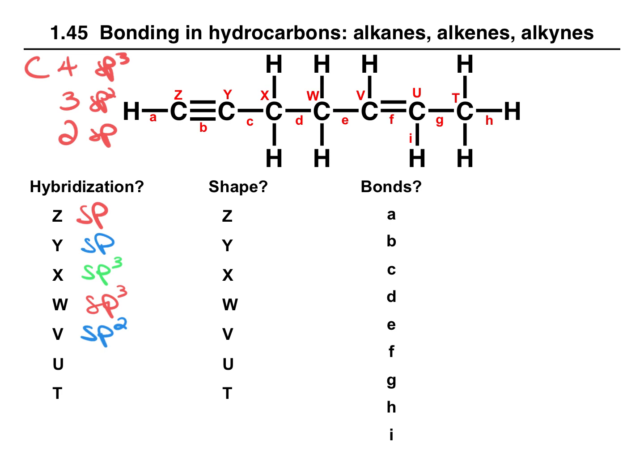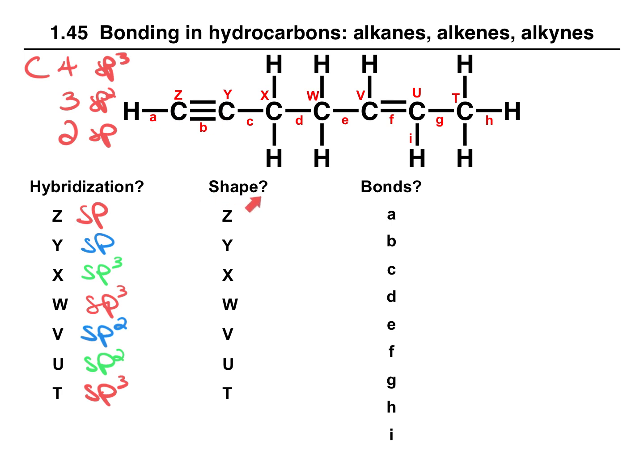The atom labeled U is connected to 1, 2, 3 groups, so that must be sp2 hybridized. And finally, T is connected to 1, 2, 3, 4 groups, so this must be sp3 hybridized. Again, to determine the hybridization, just look at how many groups that atom is connected to.